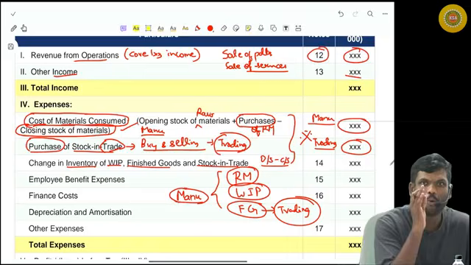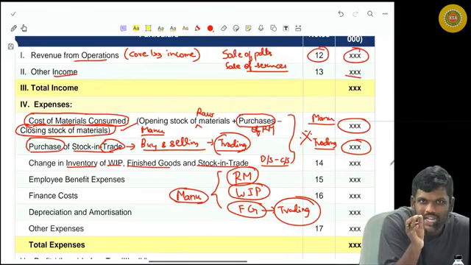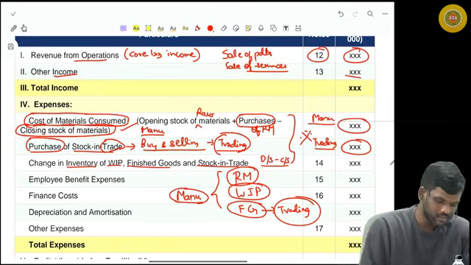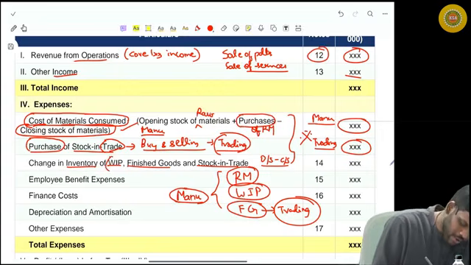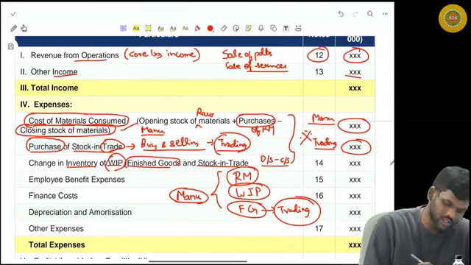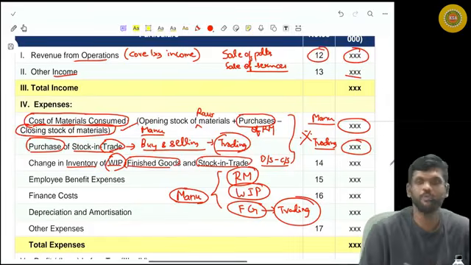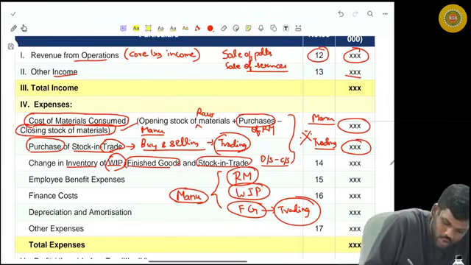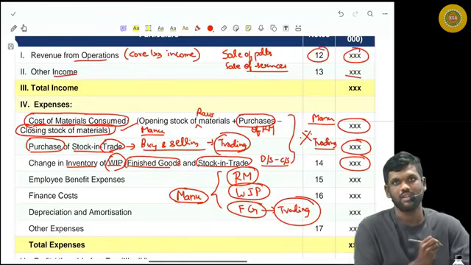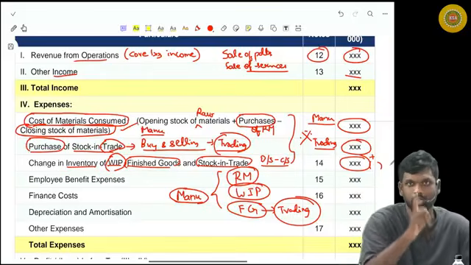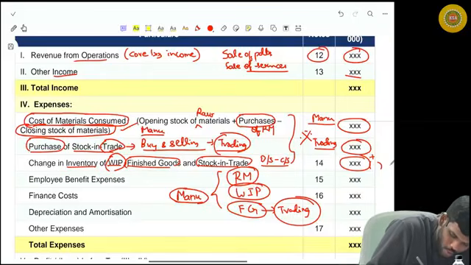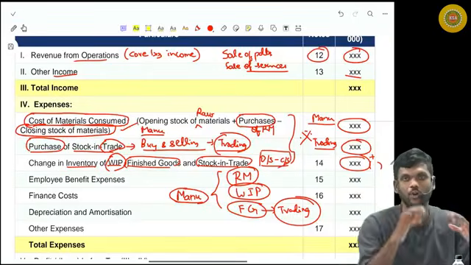Sir, opening stock minus closing stock of what? Of WIP, of FG, of stock in trade. The total should come here. If it is positive, it will be plus. If it is negative, it will be shown within brackets as minus. Remember that. What you should do? Opening stock minus closing stock.